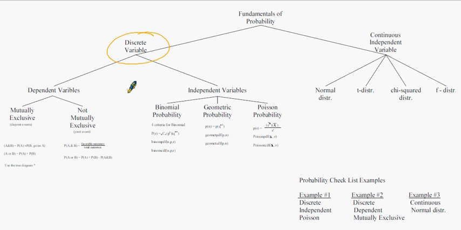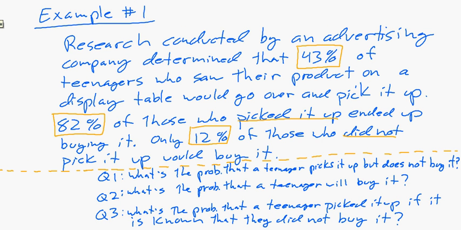So the question really is, if we kind of go back and look at this, does buying it depend on whether they pick it up or not? Well, phrased that way, because we're actually talking about the variables in play here, right? Buying it and picking it up.